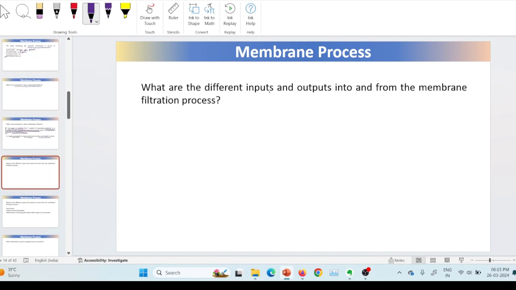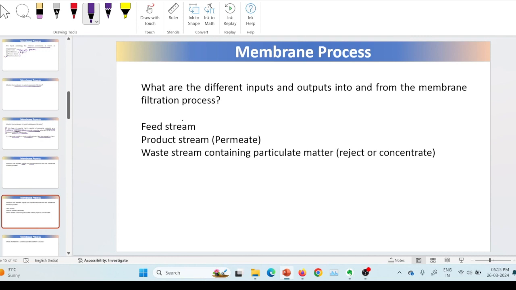What are the different inputs and outputs into and from the membrane filtration process? Let's see it here.